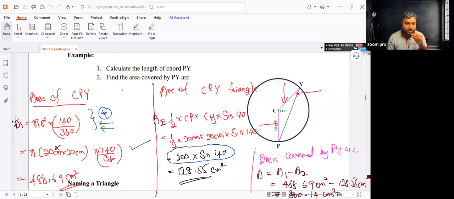But in here, you will get marks for this step, and in most marking schemes, they have allocated marks for the correct unit.